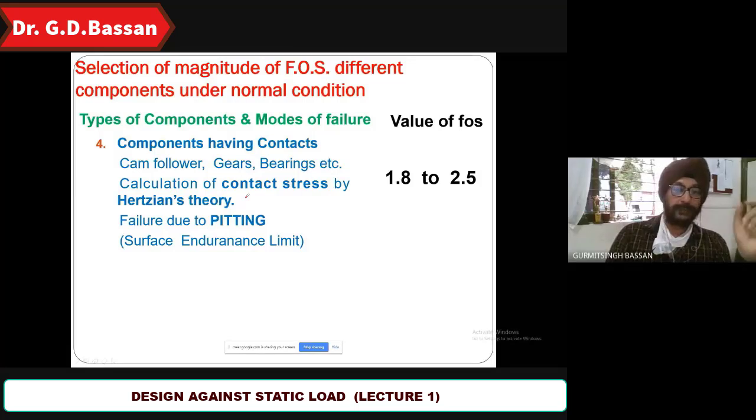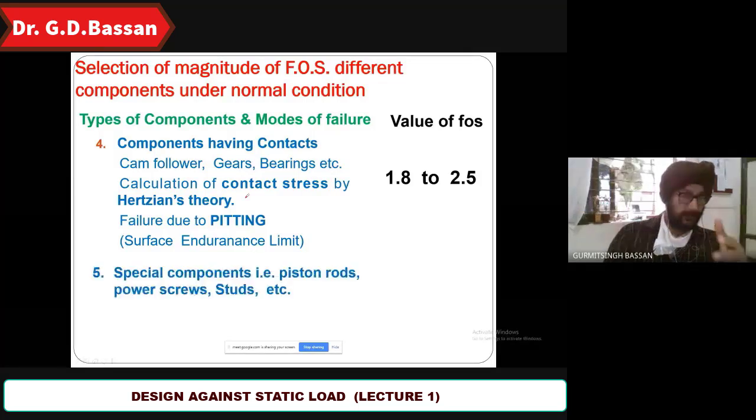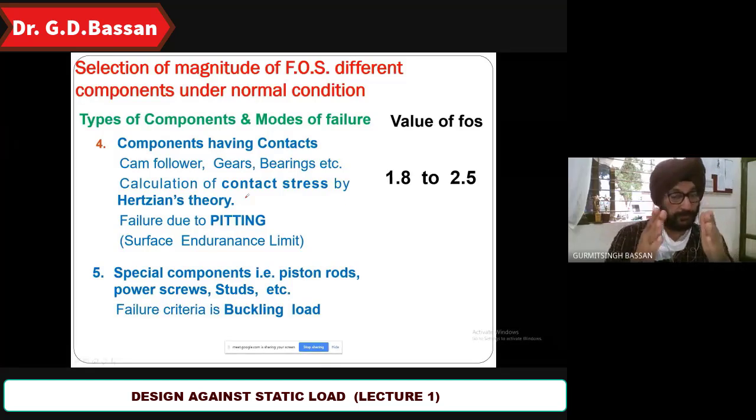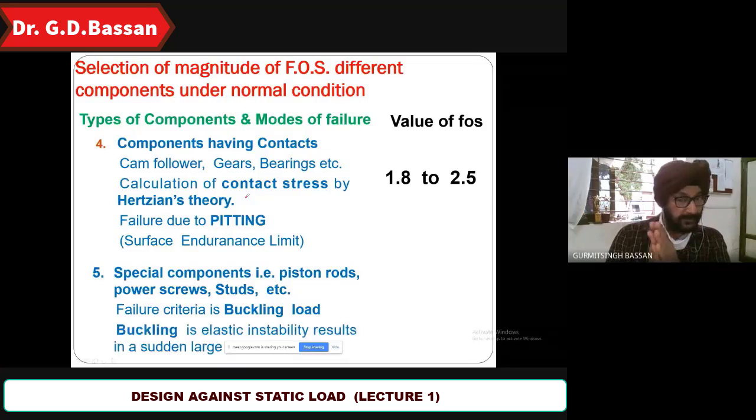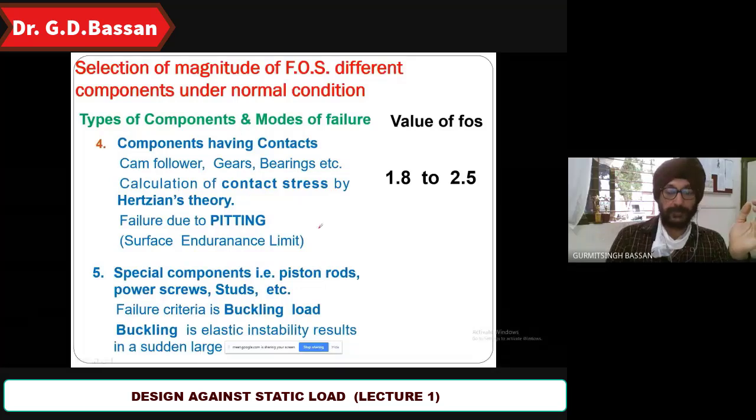Okay, then the special components: piston rods, power screws, studs, etc. They fail by buckling load. Now, do you know what is buckling? Buckling is elastic instability, that is, the breakage due to sudden large deflection.